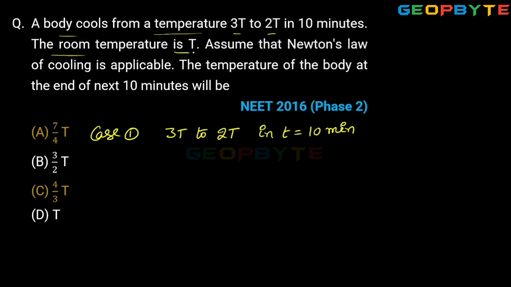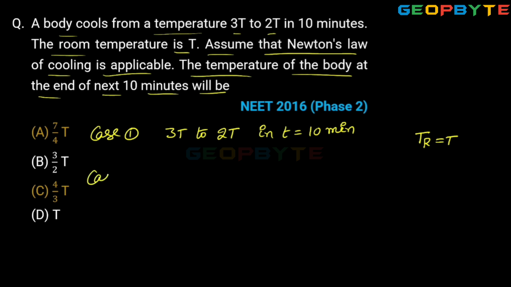The room temperature is T. Room temperature we generally assume as TR equal to T. Assume that Newton's law of cooling is applicable. The temperature of the body at the end of next 10 minutes will be?